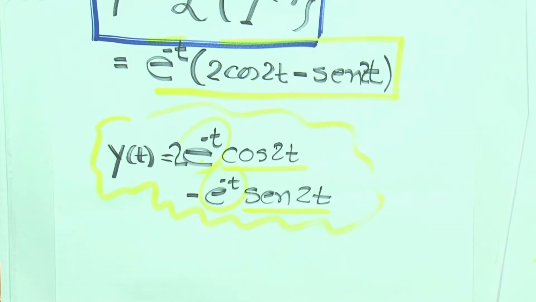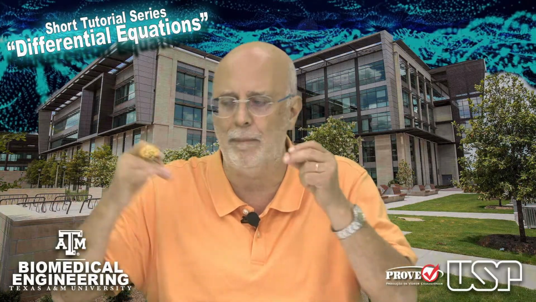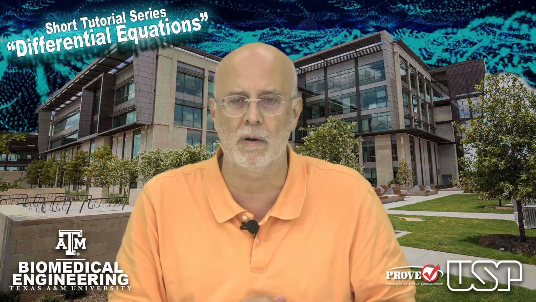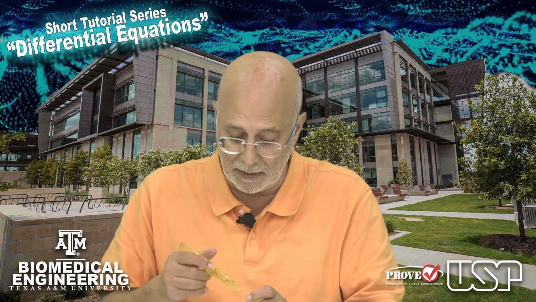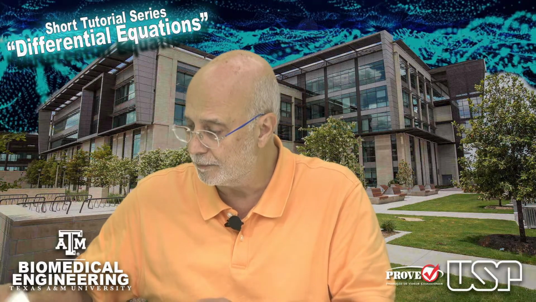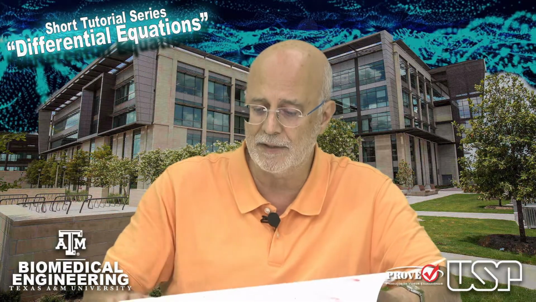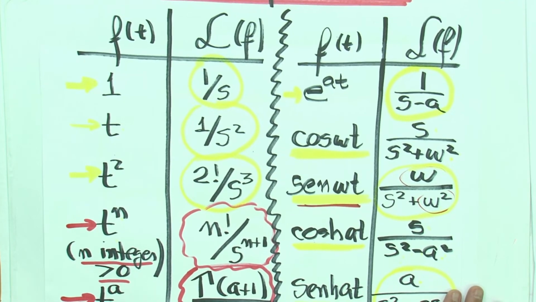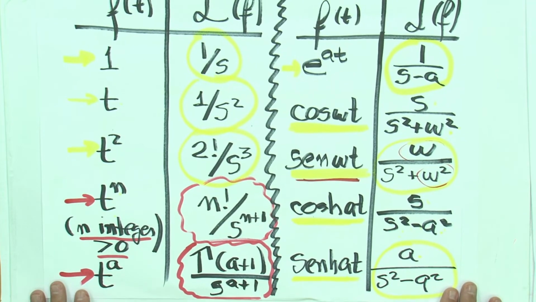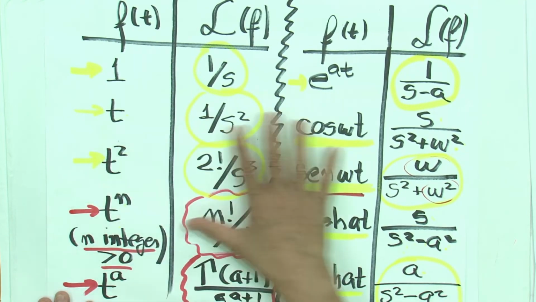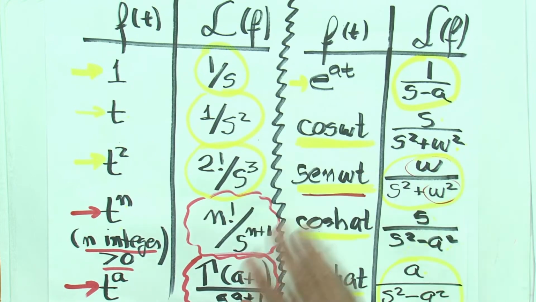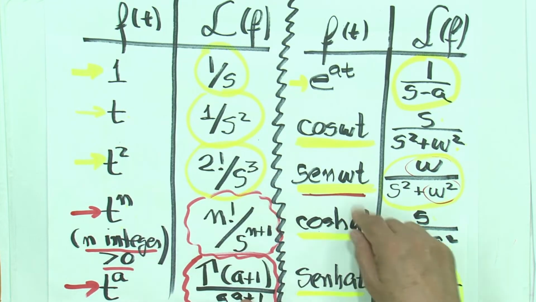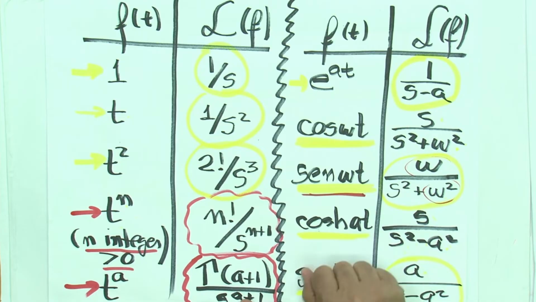So you see, once you get the mechanism of applying the Laplace transform to solve your equations, it's easy. But you have to keep a table like this with you. That's important to know how to solve equations by Laplace. You must have this chart with you, because many of the functions that will come in equations are either powers or cosines or products of them, and exponentials and so on.